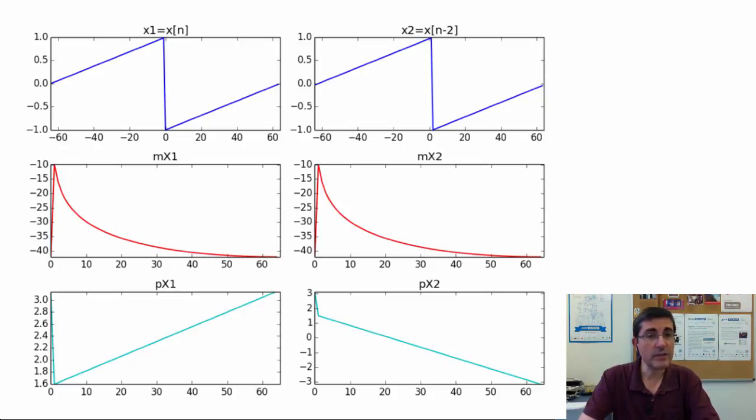And this is because the complex exponential that multiplies the spectrum does not affect the magnitude spectrum. But the phase spectrum is definitely different. We have two lines that have different slope, and this is because the multiplication by the complex exponential in the spectrum affects the phase value, but not the magnitude value. Okay, so this is an exemplification of this shifting property of the DFT.